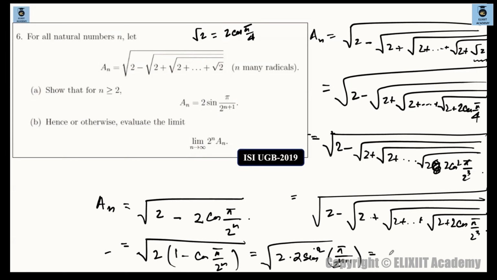So this will become 2 sin pi upon 2 raised to the power of n plus 1.